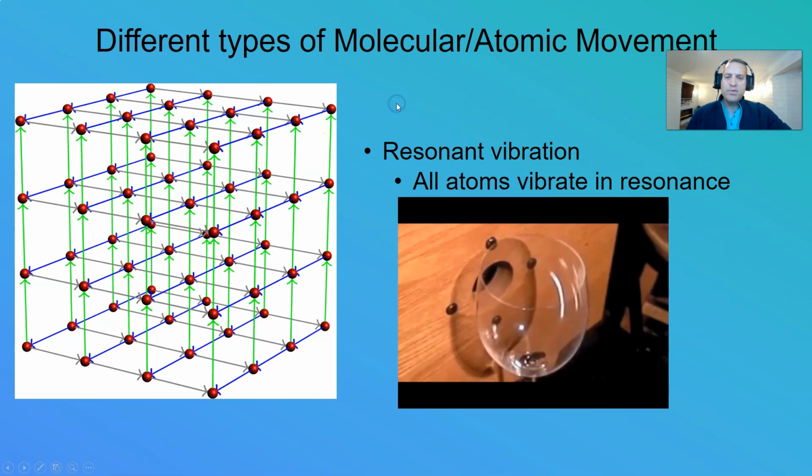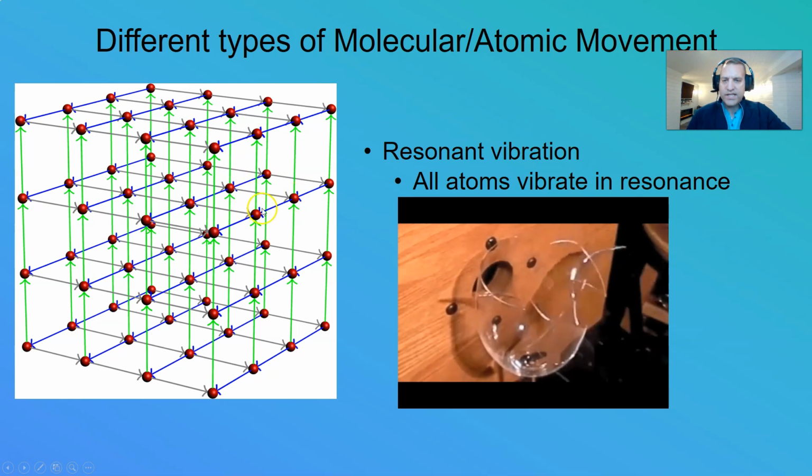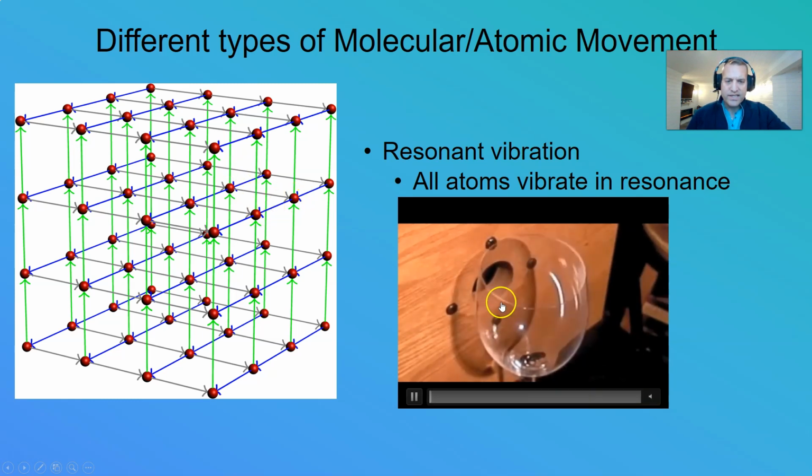A good example of this is this wine glass here. This wine glass is being pumped with a speaker, and you can see that this whole glass is vibrating back and forth. Now obviously here the scale of the vibration is much greater than the scale of the interatomic bond distance, because the atoms that make up this glass are very, very tiny compared to the amplitude of the vibration here.